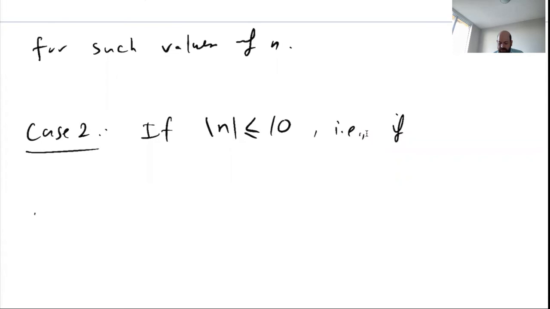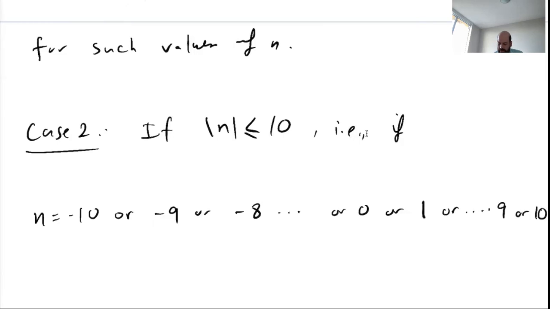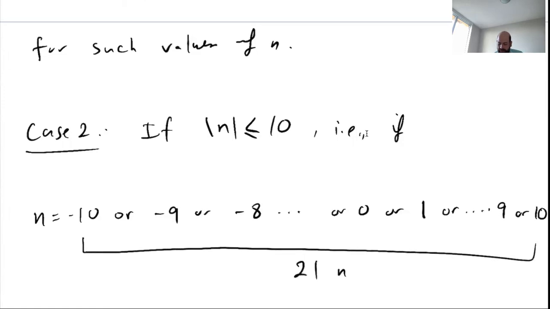So case 2, if the absolute value of n is less than or equal to 10, i.e. if n is equal to minus 10 or minus 9, or minus 8, ..., 0, 1, ..., 9, or 10. So how many numbers are here? 21 numbers.